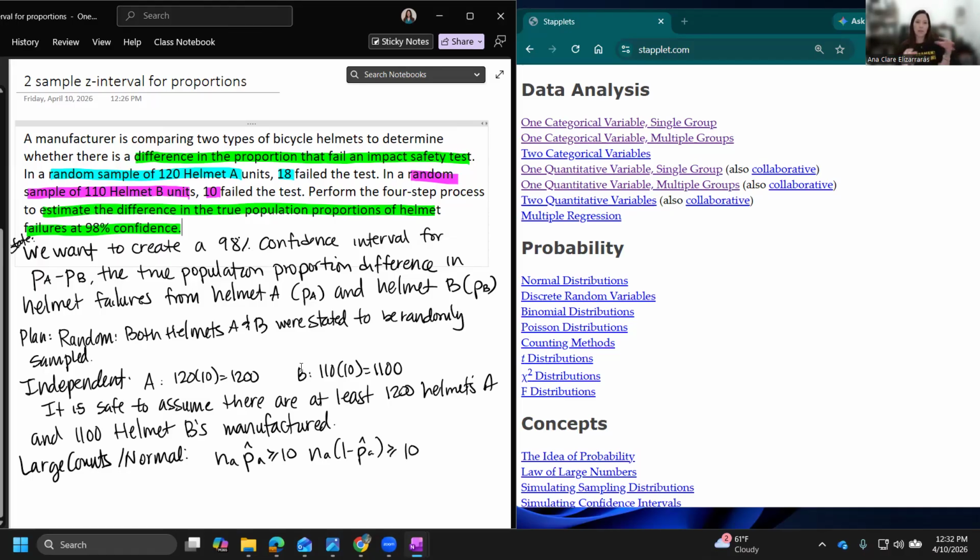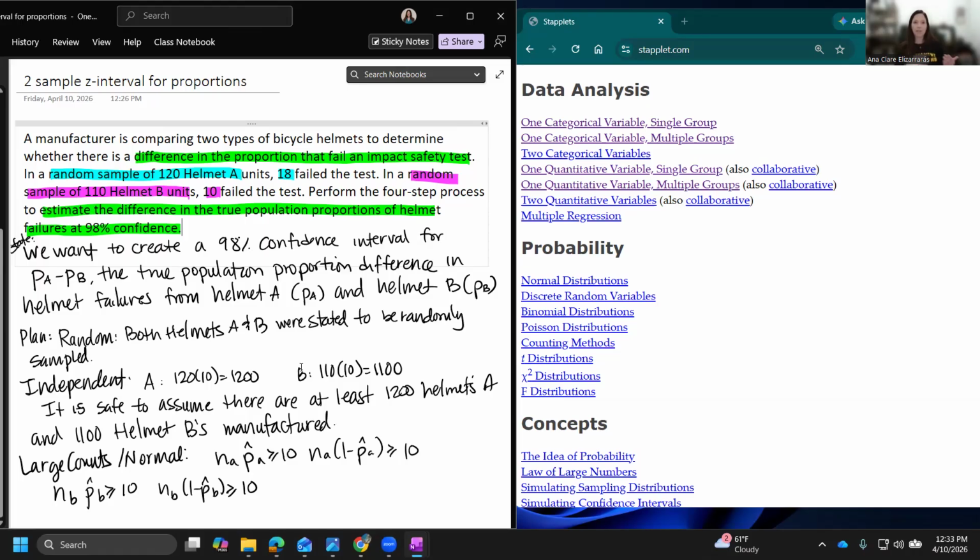If you take the sample size times the proportion in the sample that are a success, that's going to give you your success value. Same thing with your failures. It's also true for sample size B times the proportion in B, and sample size B times the complement of that proportion. They all need to be at least 10. We're actually given successes. And this is terrible to say because successes are our failures of the test.